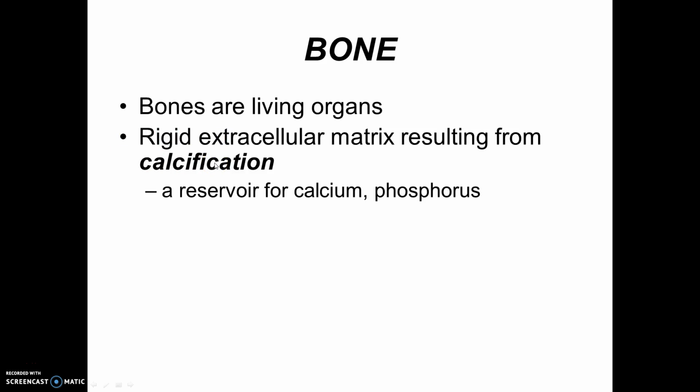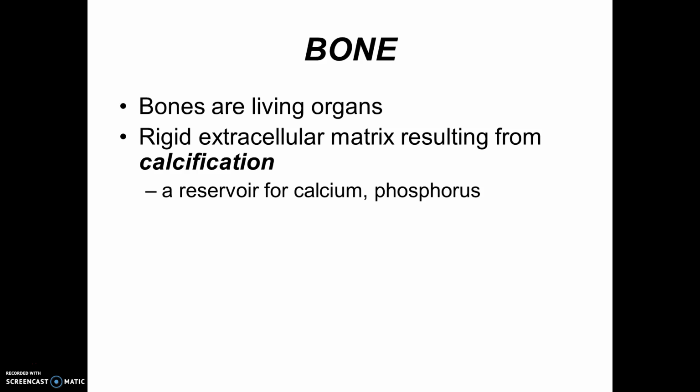Bones have a rigid extracellular matrix that results from a process we call calcification, which is where calcium and phosphorus salts are deposited on collagen fibers. And therefore bones serve as a reservoir for these minerals.